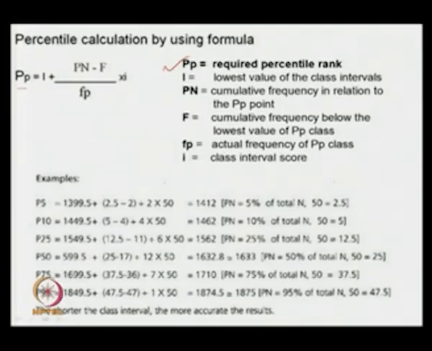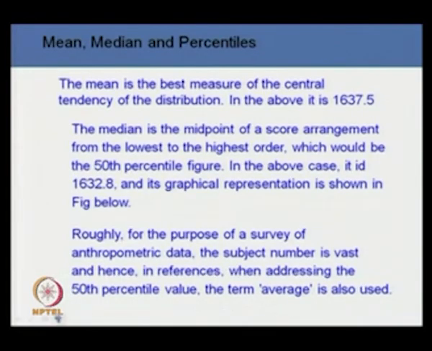Now, the shorter the class interval, the more accurate will be the results. Mean, median and percentiles. The mean, that is average, is the best measure of the central tendency of the distribution in the above scores.